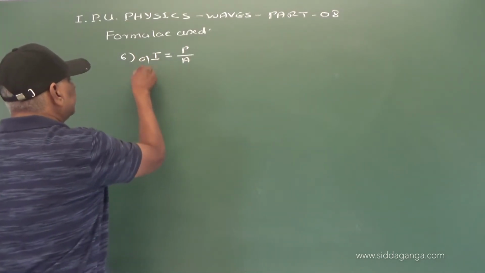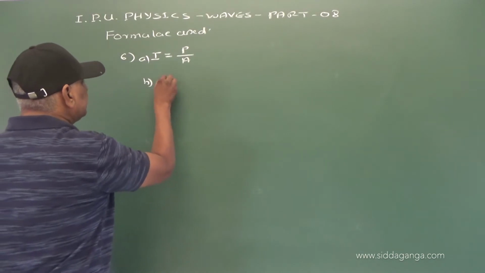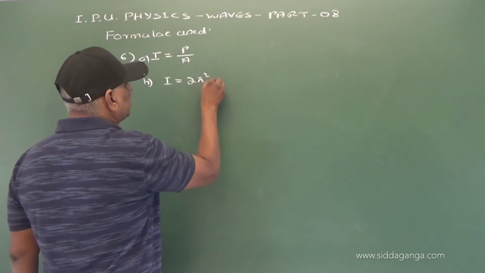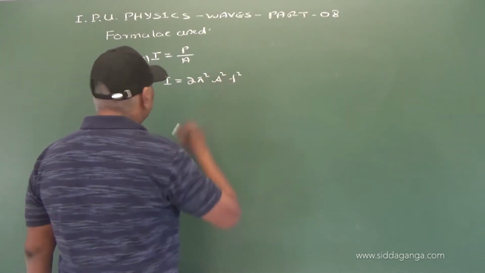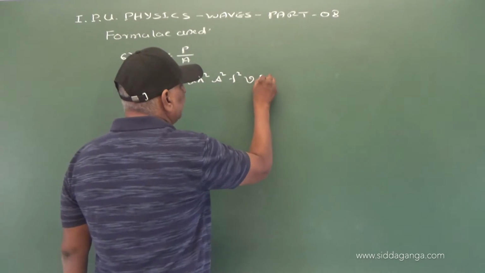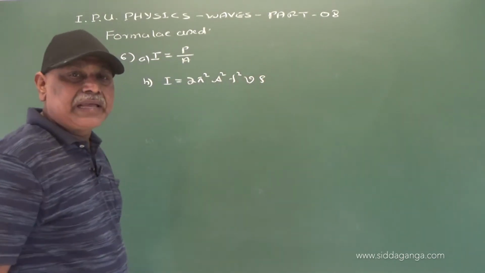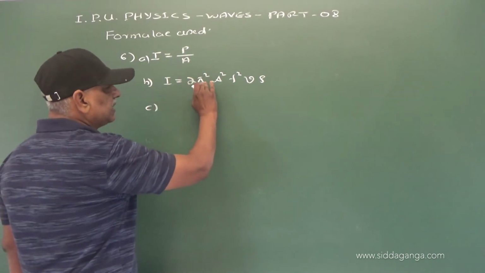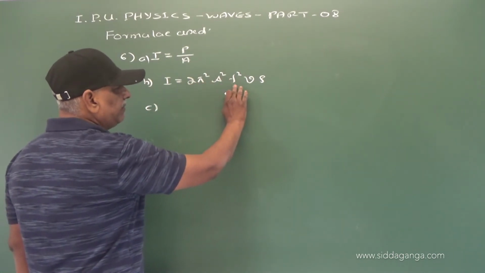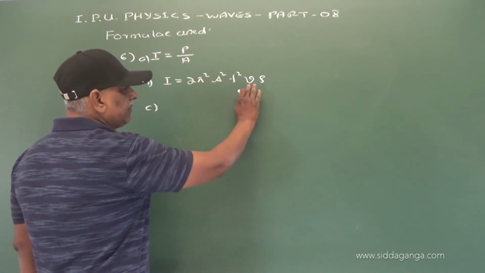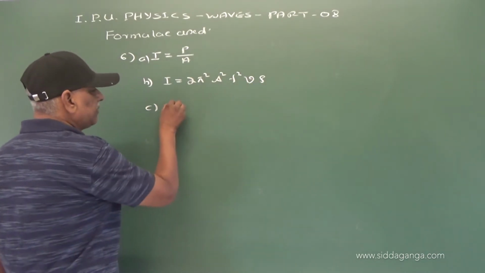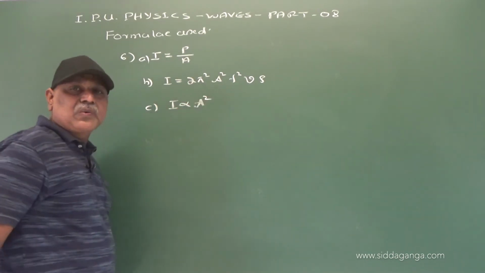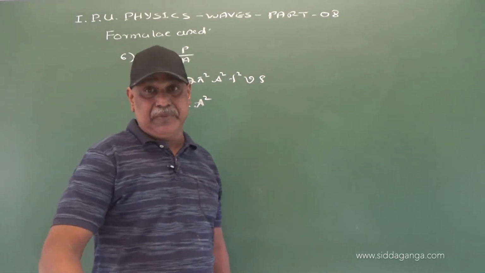And also this intensity is given by I = 2 pi square A square f square v rho. For a given wave in a given medium, 2 pi square is constant. For a given wave, f is constant. In a given medium, v and rho are constant. Therefore, intensity is directly proportional to A square for a given wave in a given medium.